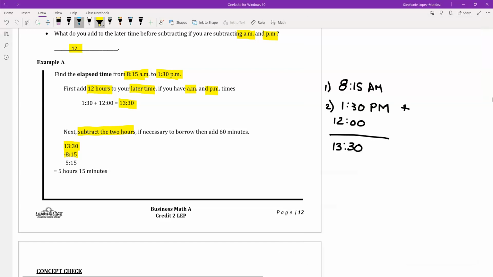Let me write my answer right here, 5.15. Again, the number before the point is my hours. The number that is after the point is what represents my minutes. Okay, that is why now I have 5 hours and 15 minutes.